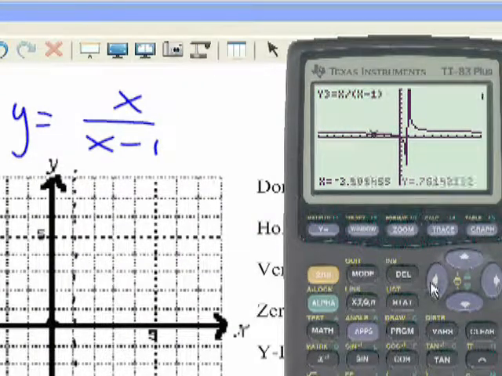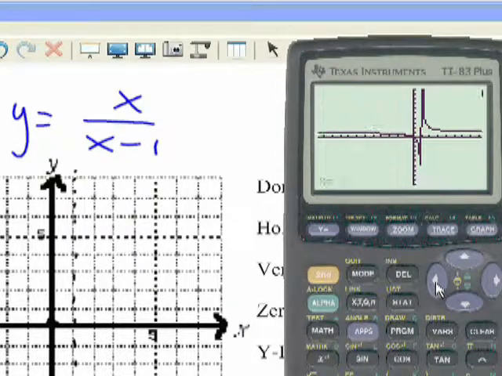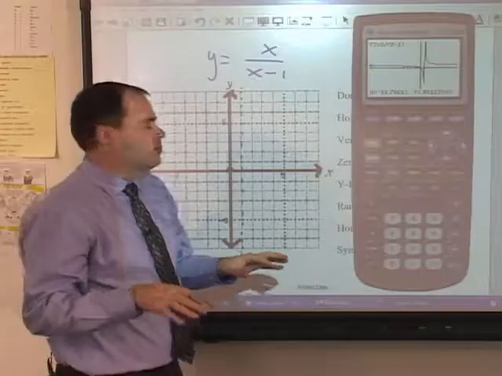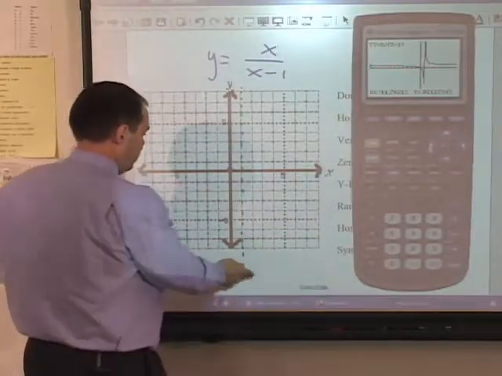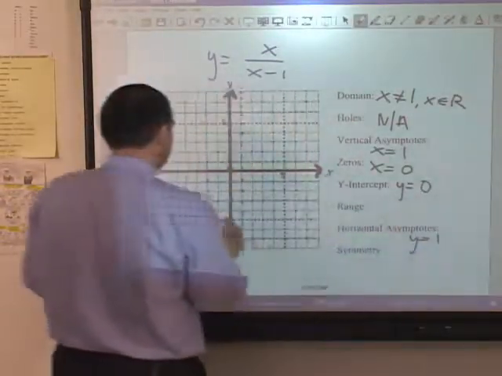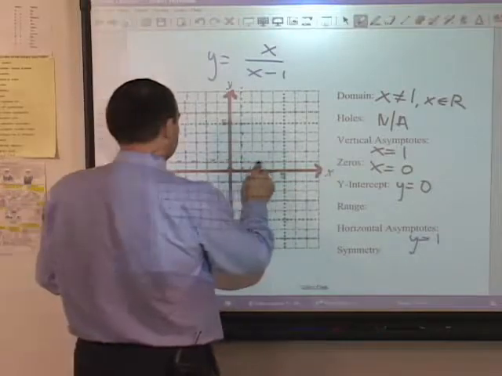You should really trace in both directions to ensure that it's approaching the same value. As I keep going, it seems like we're on our way to y equals 1. Okay, you can expect on the graphs we gave you that the horizontal asymptotes, if there appears to be one, will be approaching likely some nice convenient number. Okay, so in this example, y is equal to 1. Dot in our asymptote.